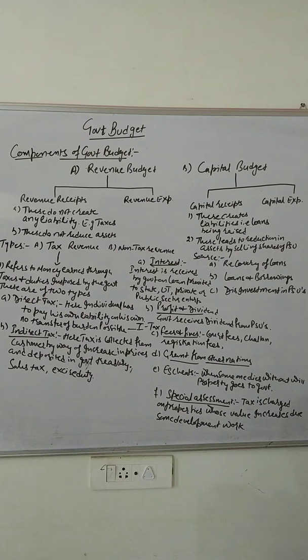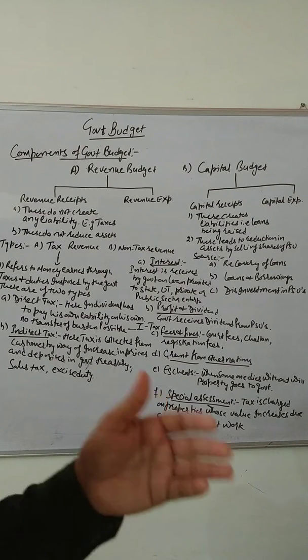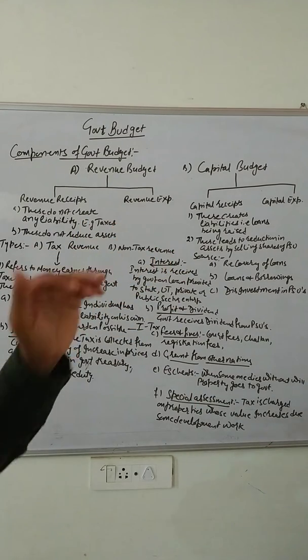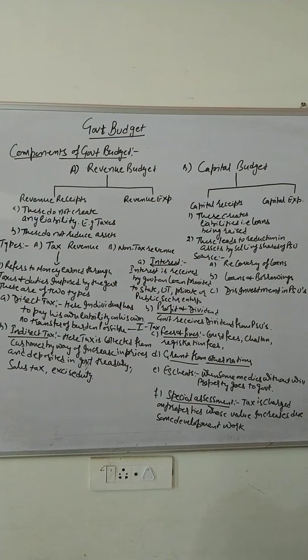So capital receipts are reducing the assets available with the government, but revenue receipts are not reducing any assets because they are not being earned by selling off any of the assets of the government. On the other hand, the capital receipts are creating liabilities also, because they are raising long term loans from various institutions, World Bank, Asian Development Bank or various other financial institutions, or from domestic financial institutions for carrying out the business activities.